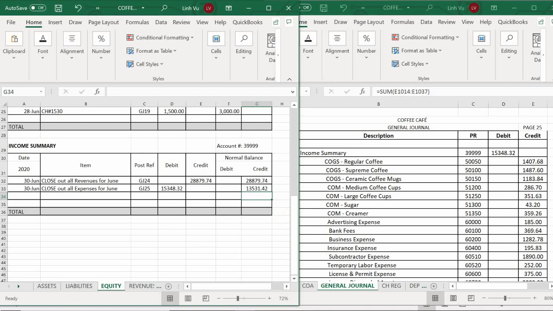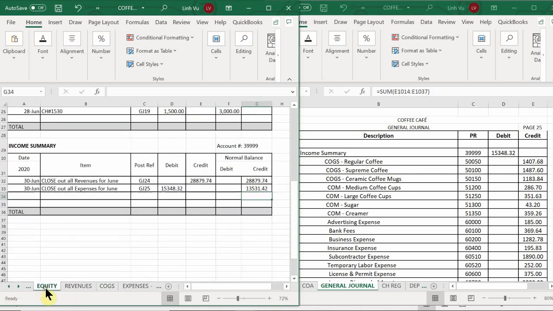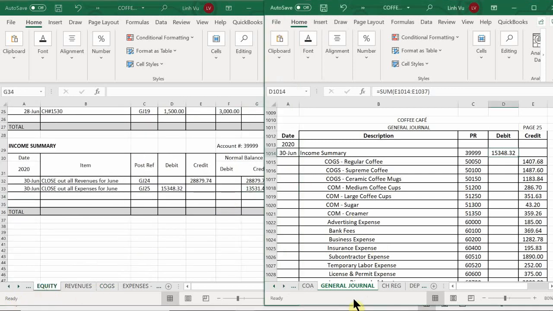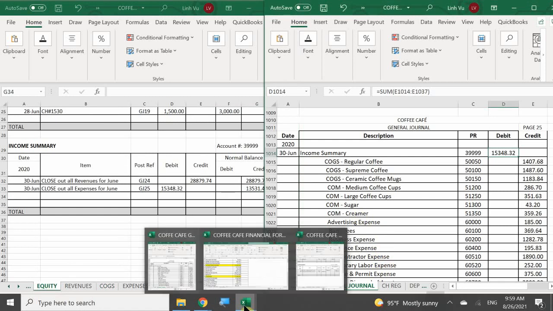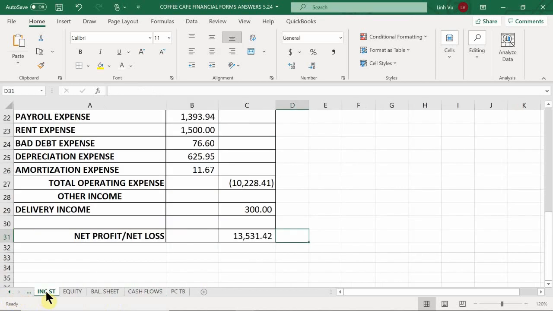On our income statement, right? On our income statement. So that means we successfully. Oh, wait, I'm in the wrong one. Sorry, give me like 2 seconds to wrap my head around this. Income statement. That's exactly what we saw.